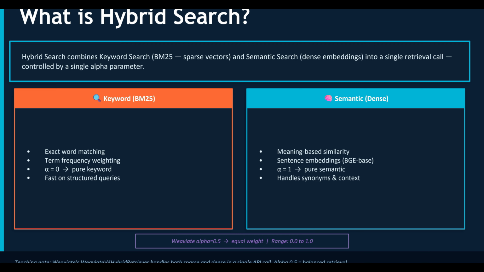The really nice thing about Weaviate is that it bundles this complexity behind a single class, the Weaviate V4 Hybrid Retriever. Let's look at how it fits into our architecture.